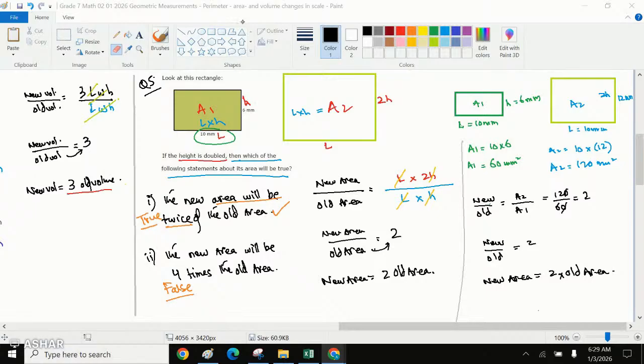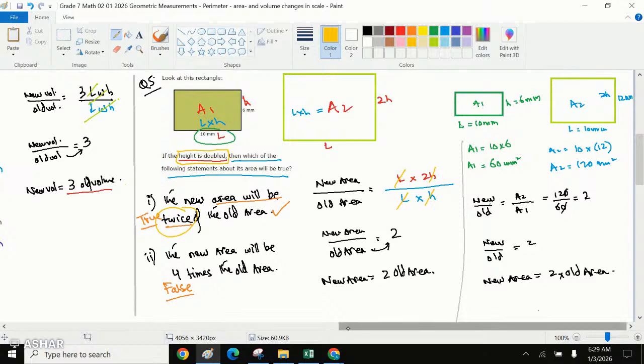In the previous question we saw that only the height was doubled, right? One dimension was changing, it became twice. But if both the dimensions are being doubled, that means it would become 4 times. If one dimension is doubled, then it is twice the area. But if both length and height are changing, then it would be 4 times.